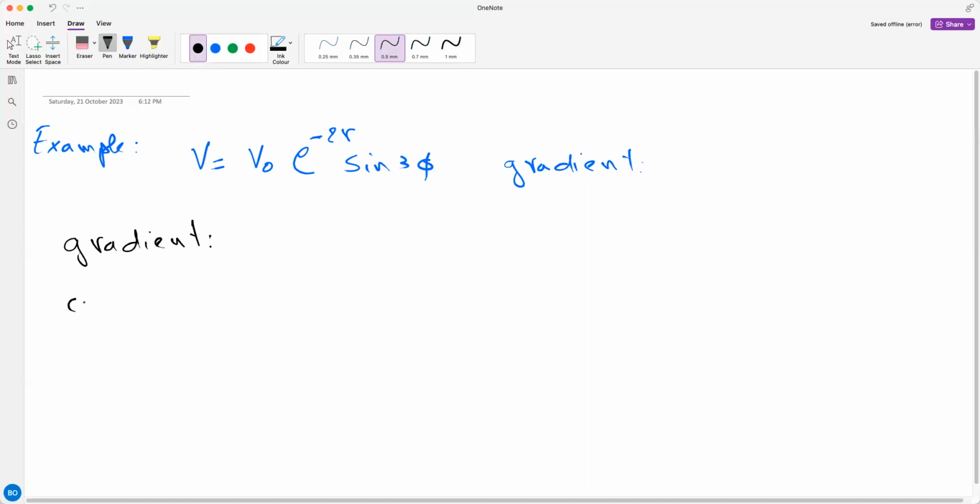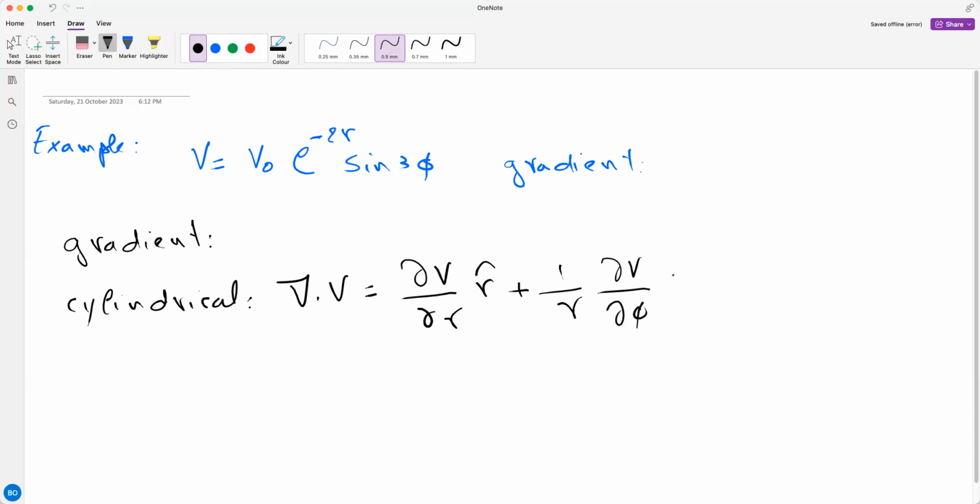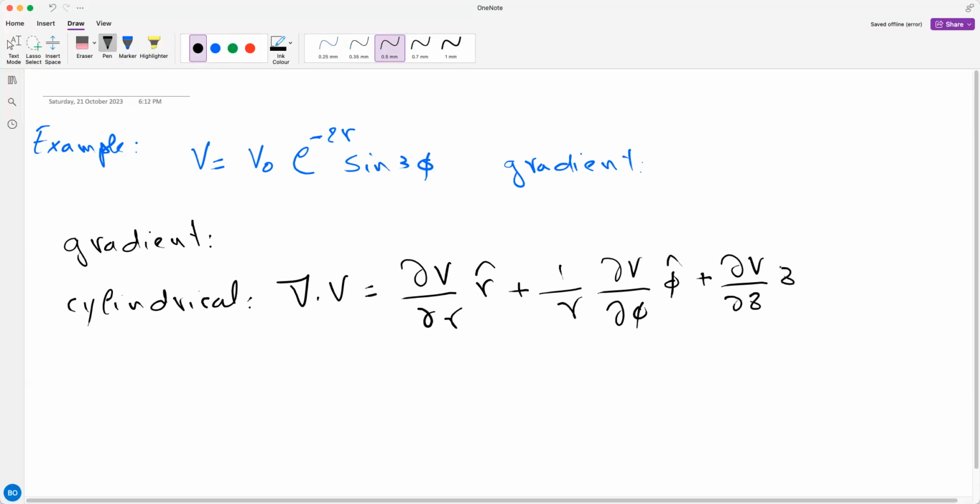If you look at the cylindrical form, the gradient of any V is equal to the derivative with respect to r, plus 1 over r times the derivative of V with respect to phi, and then the derivative with respect to z. So we can apply it directly here.